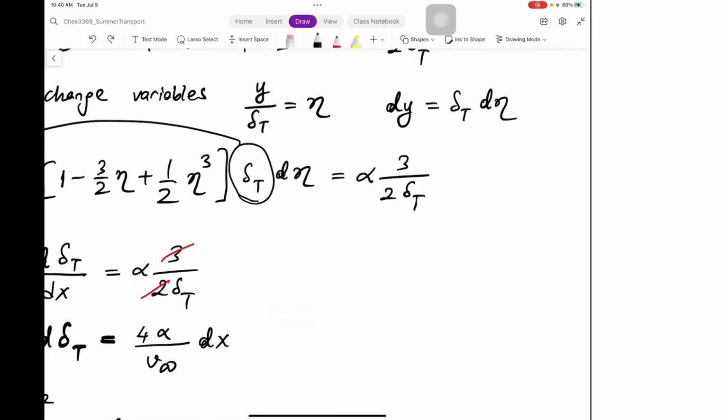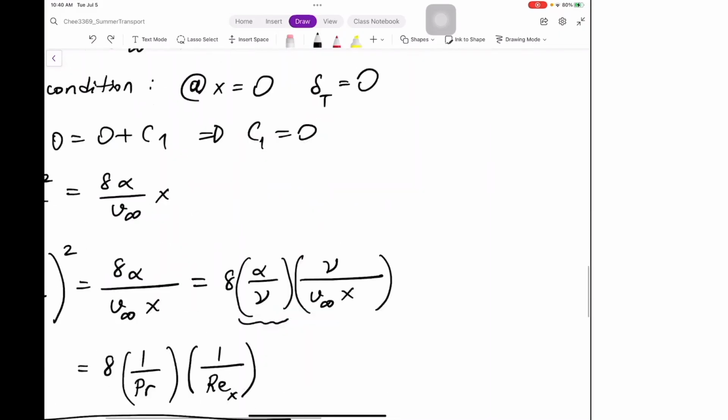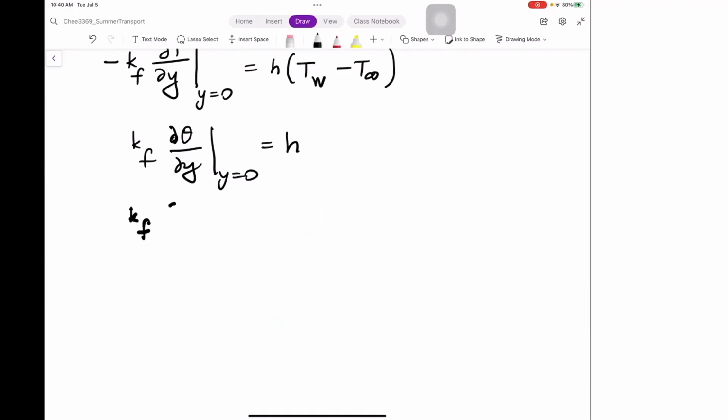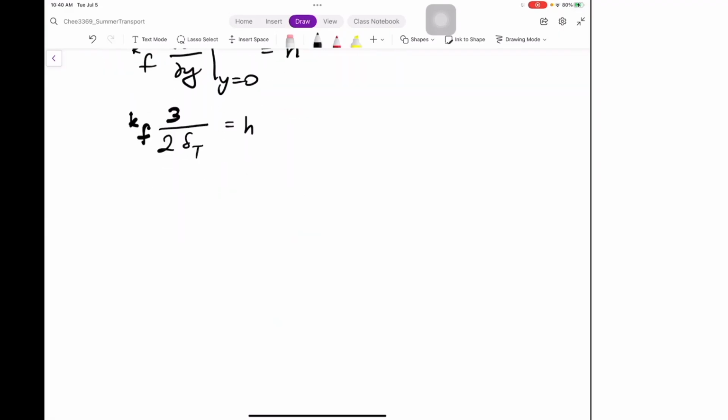Here, that's 3 over 2 delta T. So Kf times 3 over 2 delta T is equal to H, already obtained above.